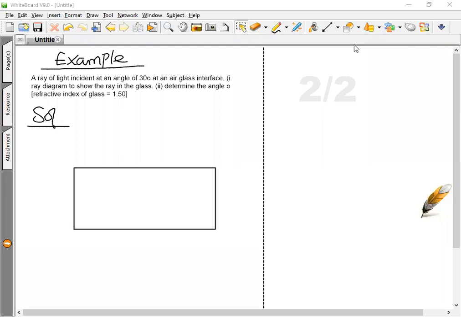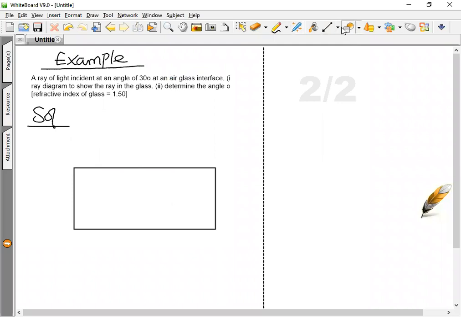Always note that they are telling you that it is an air to glass interface, which means the light ray is moving from the air into the glass. And you know our air is less dense while our glass is denser. So you're going to have the incident ray and the refracted ray. Okay, so you're going to have something of that nature.